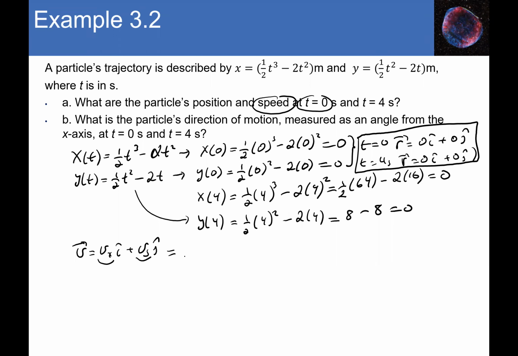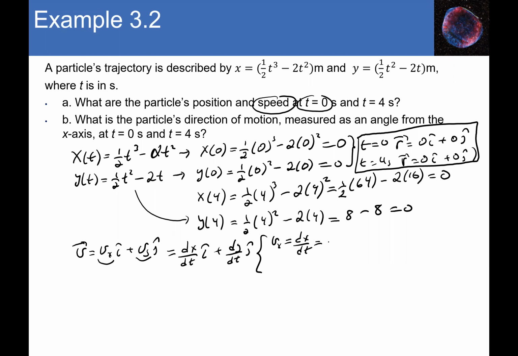That is dx/dt i hat plus dy/dt j hat, so I have to take the derivative of each one.